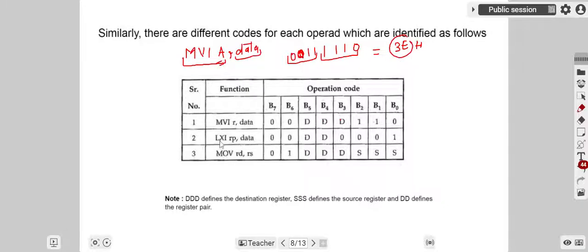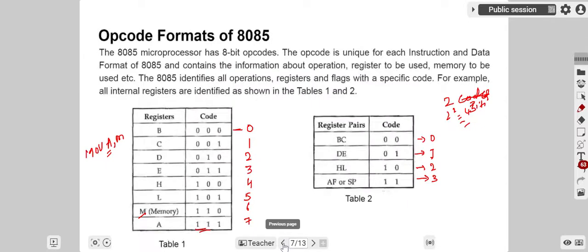Similarly, what is the opcode for LXI, let us suppose B comma immediate data? The opcode is 00 DD 0001. This DD defines the register pair. What is the register pair code here? For BC it is 00, DE it is 01, for HL it is 10.